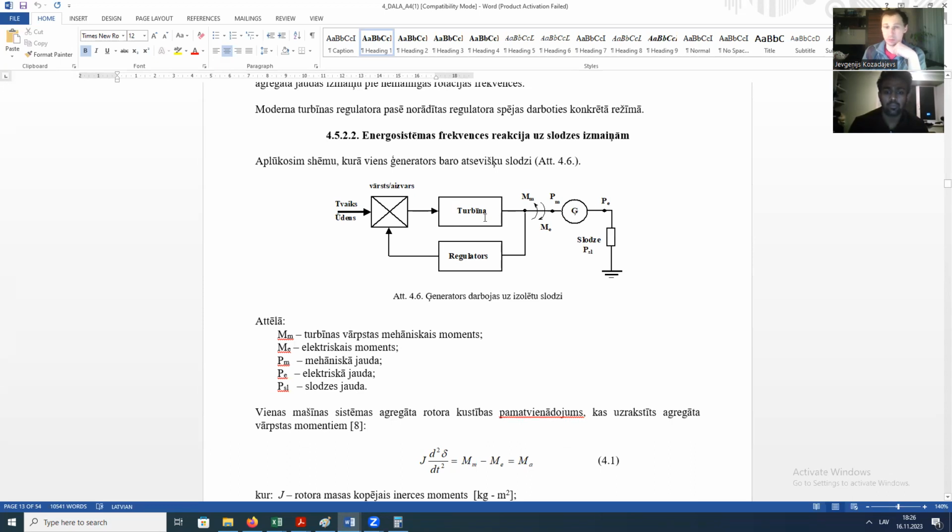We control turbine power with this valve, adding steam or water. If we have rotating elements, we could say that we have an inertia because we have a kinetic energy of rotation.